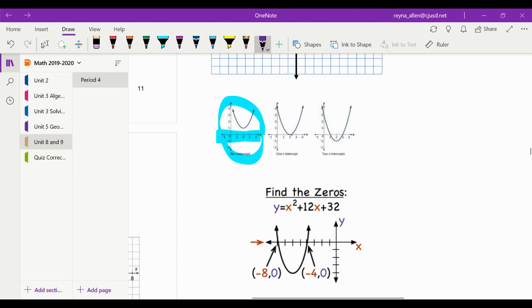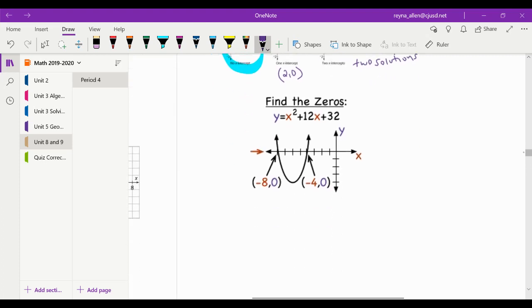In this next one, it crosses the x-axis once. So my zero here would be 2. So 2, 0. This next one, it crosses the x-axis twice. So we would say that it has 2 solutions. My 2 solutions would be at 1 and 3.